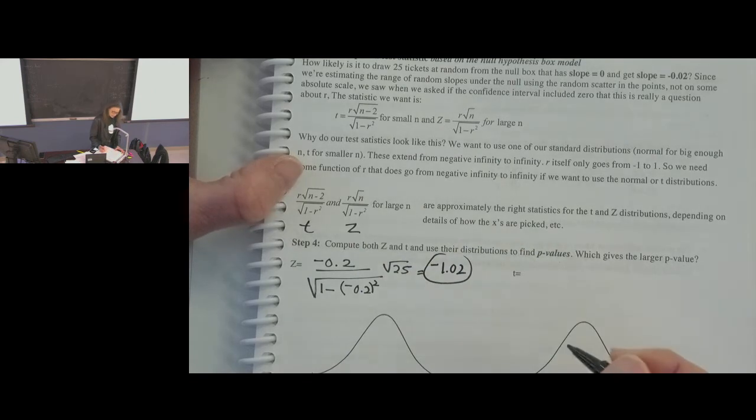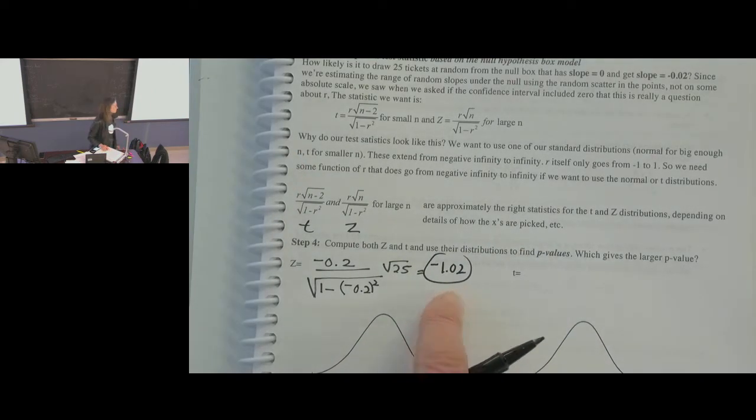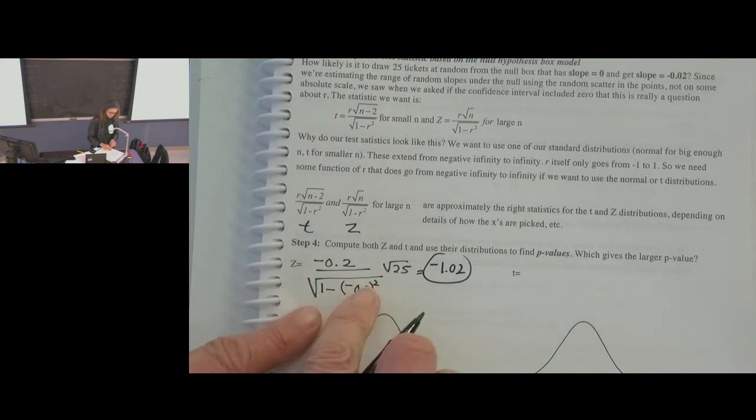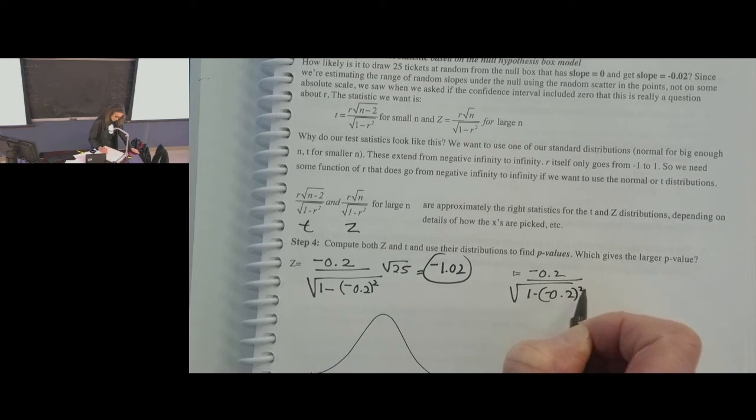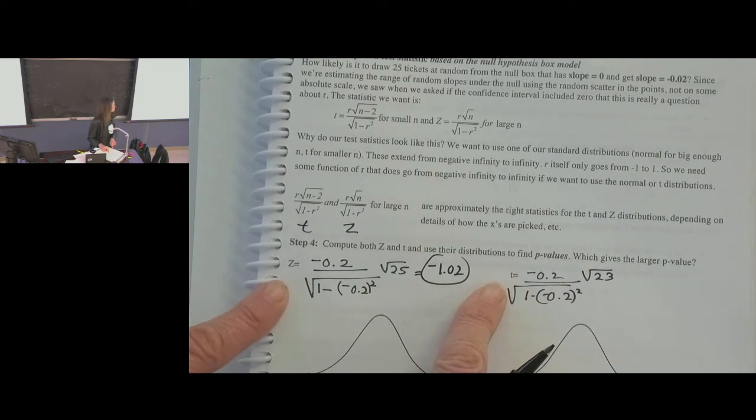That's z. Now, t is going to be exactly the same thing, but multiplied by the square root of 23, so it's going to be a bit smaller. So it's negative 0.2 over the same exact thing. Now, don't get this confused. This is not t star, which is always bigger.